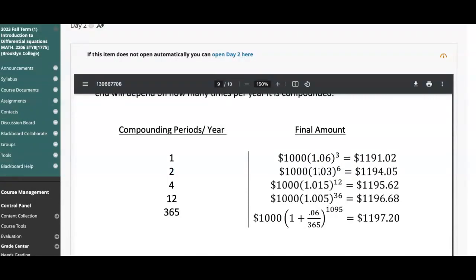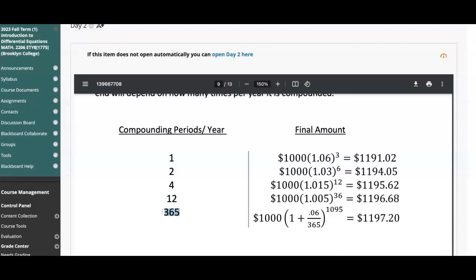Compounded twice, we get this, because 2 times 3 is 6, and 0.06 divided by 2 is 0.03. Compounded 4 times, it is 0.06 divided by 4, that's 0.015. Then 3 times 4 is 12. So we get this much.